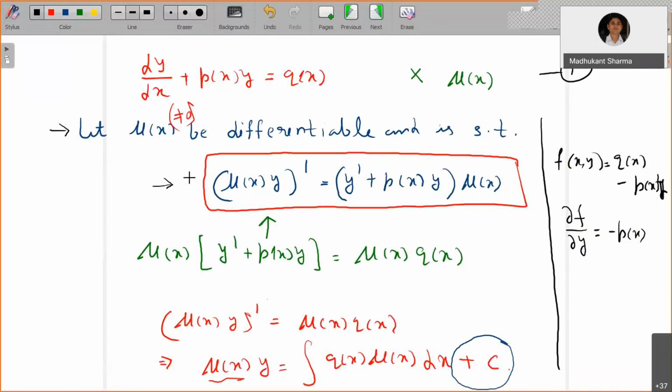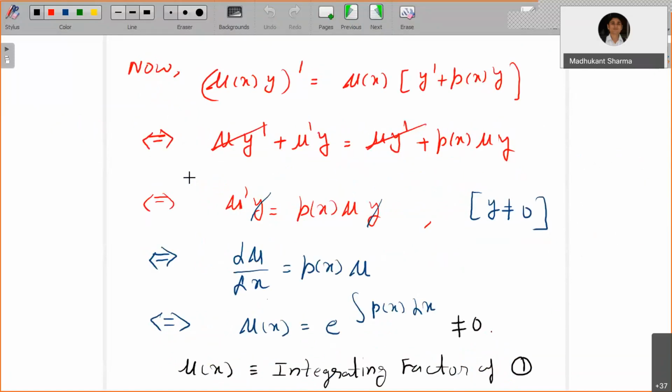What I have got in the final stage is mu of x is equal to e to the power integration of p of x dx, and you can certainly show that this is differentiable because p(x) is continuous. Then the fundamental theorem of calculus says that integration of p of x dx is also differentiable. The composition of two differentiable functions is differentiable, so you can say mu(x) is a differentiable function, and this is non-zero. So all of the things are concluded at the end. It's a kind of inverse problem.